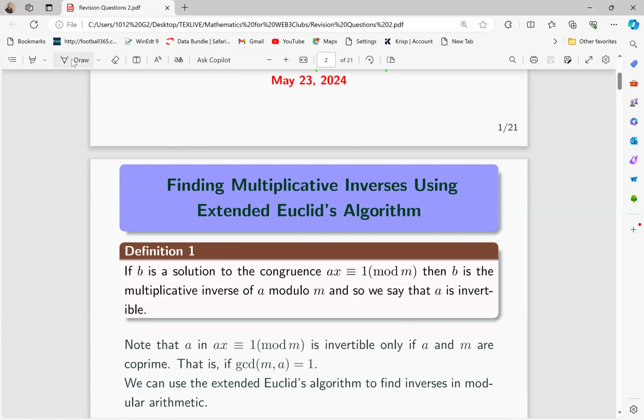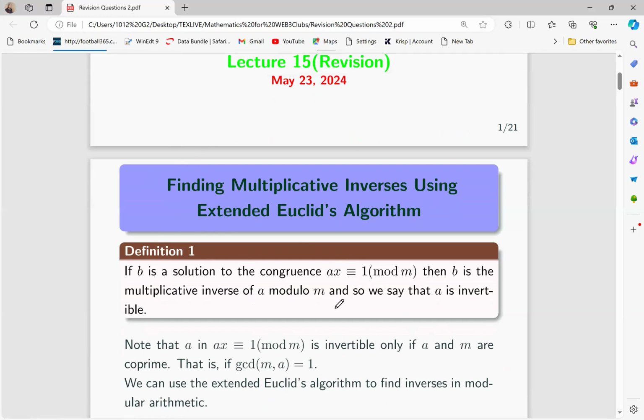I talked of multiplicative inverses because I know we also have additive inverses, but additive inverses are easy to find. I'll just define what an additive inverse is, and then we can proceed from there. Then, after that definition, we go to multiplicative inverses.